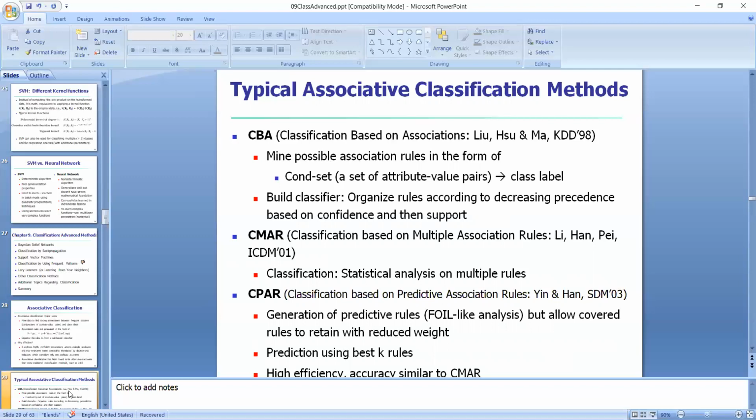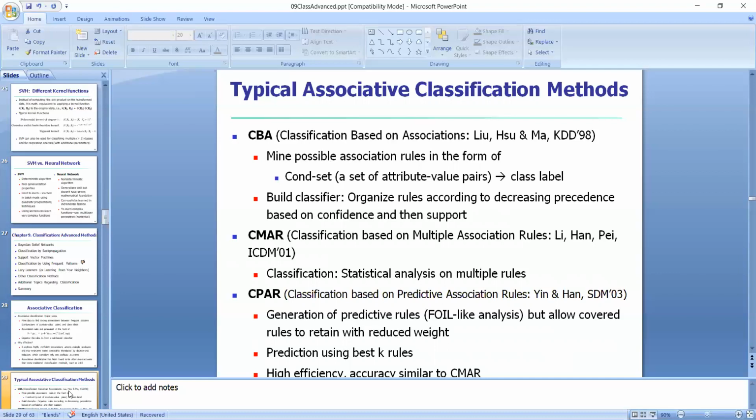Coming to the CBA method, CBA stands for classification based on association. So we'll see what the CBA method is doing. CBA is one of the earliest and simplest algorithms for associative classification. CBA uses an iterative approach to frequent item set mining, similar to that described for Apriori.